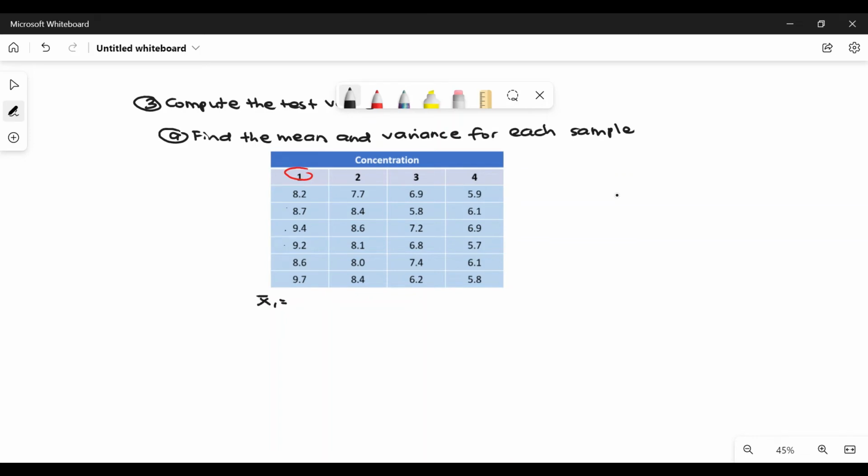So here is our mean for the first sample. For the first sample it will be 8.97, and for the variance it will be 0.561. Okay, this one is the value for the standard deviation.